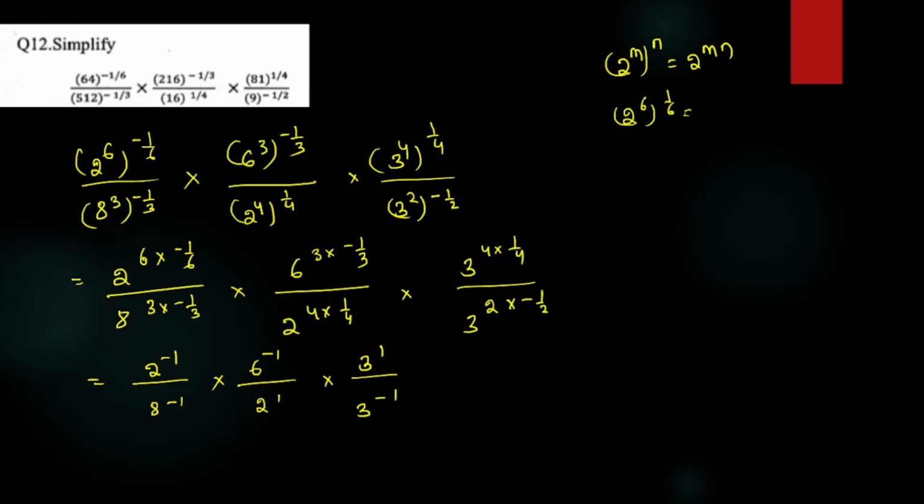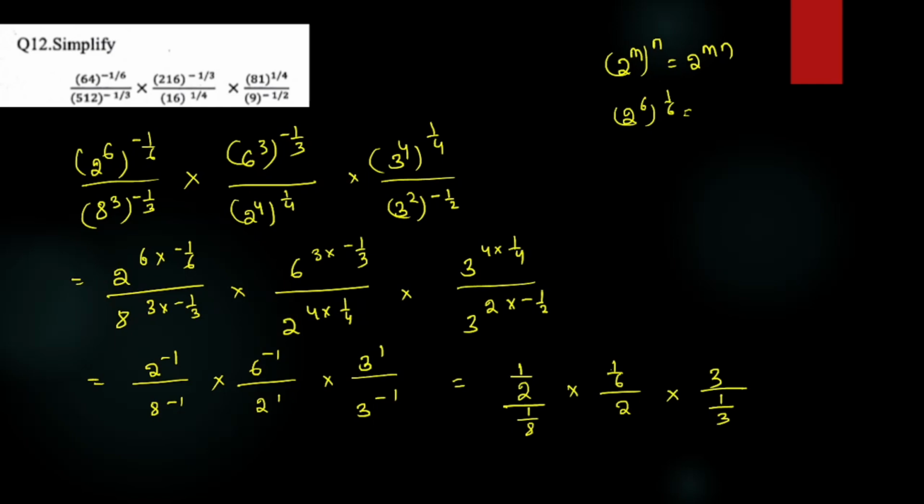Now again we can write 2 to the power minus 1 means 1 by 2, and this one will be 1 by 8, yes or no? Now into 6 to the power minus 1 means 1 by 6 divided by 2 into 3 divided by 1 by 3.